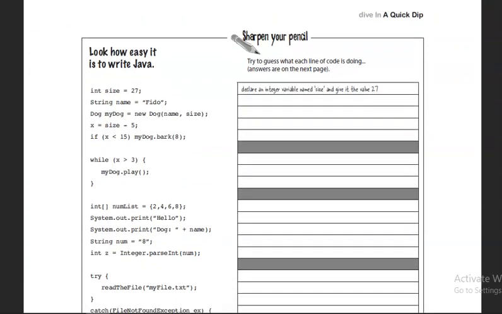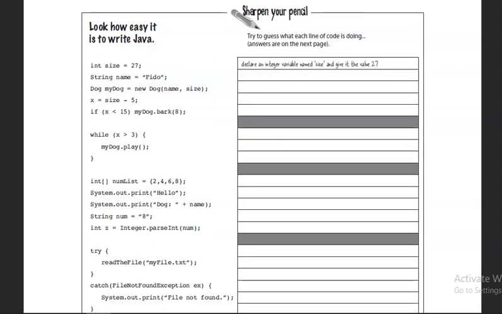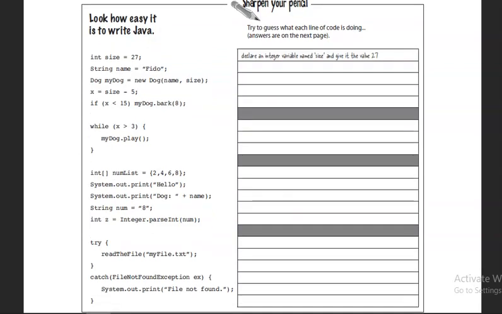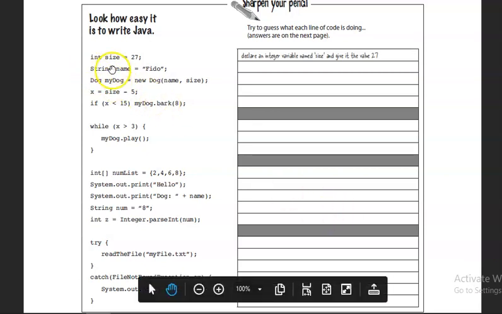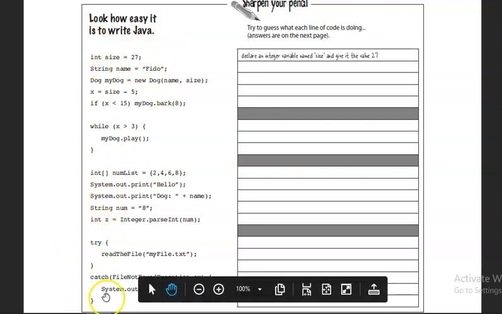Then here they have simply given some examples of how Java looks. If you don't understand these syntax and snippets at this point in time, you don't have to worry.